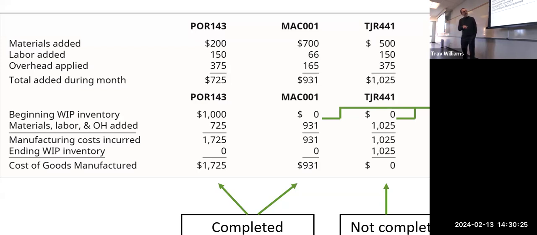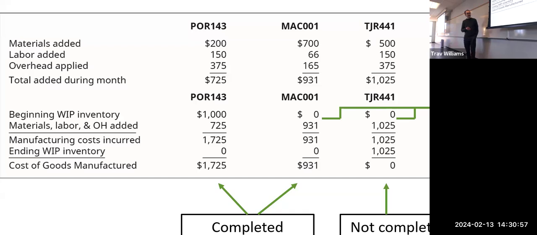Now, at the beginning of the period, if we had not yet started on this job, then we would have had 0 work in process inventory costs, because we haven't even started yet. And then if we finished it during this period, we saw that there were $931 of total costs. We can add that to the 0 beginning work in process inventory and see the total cost for that job was $931.